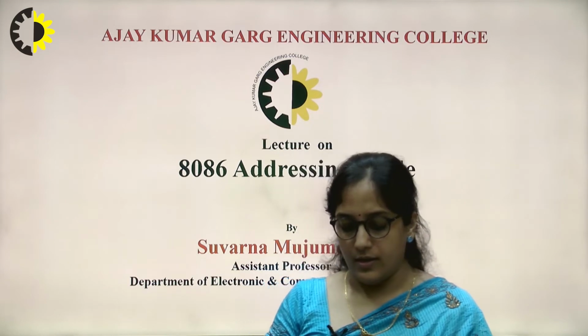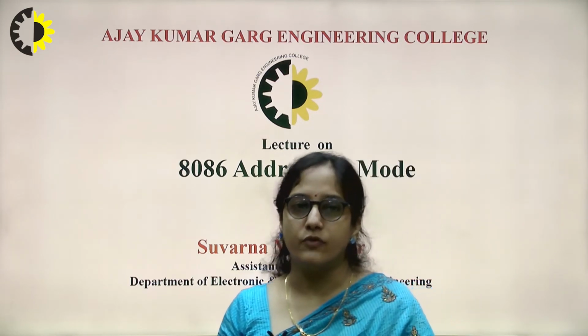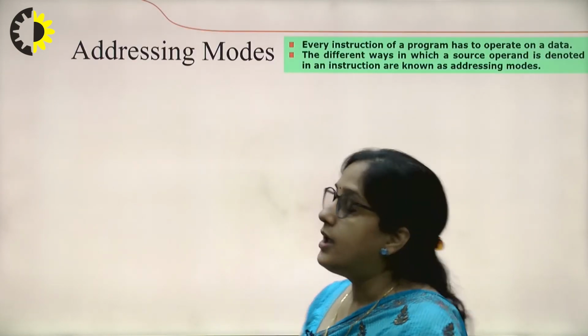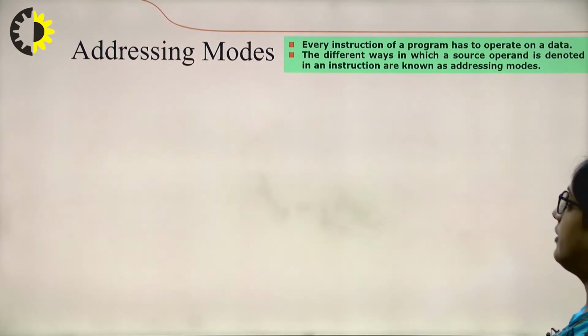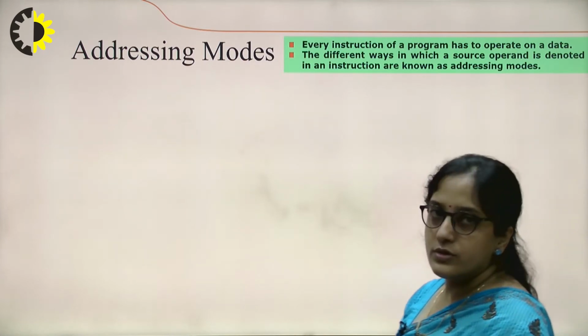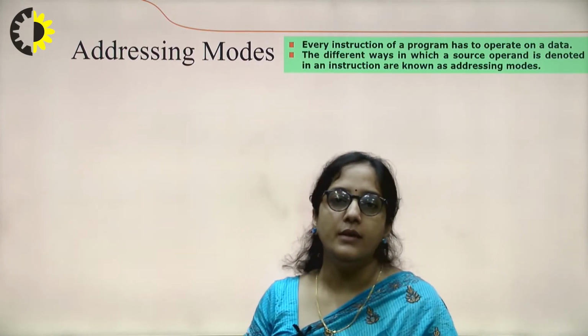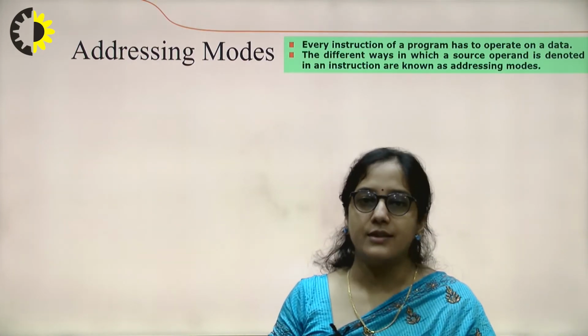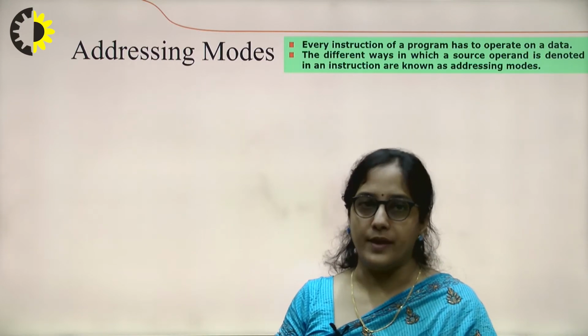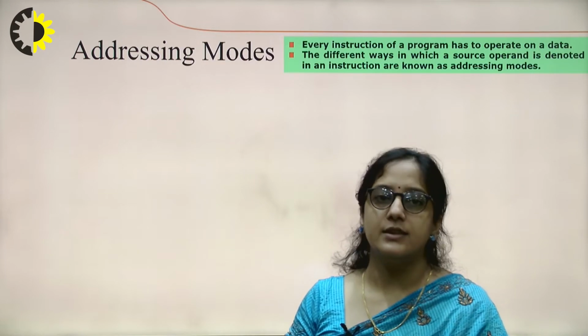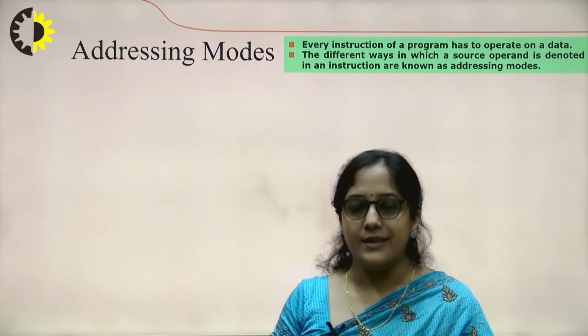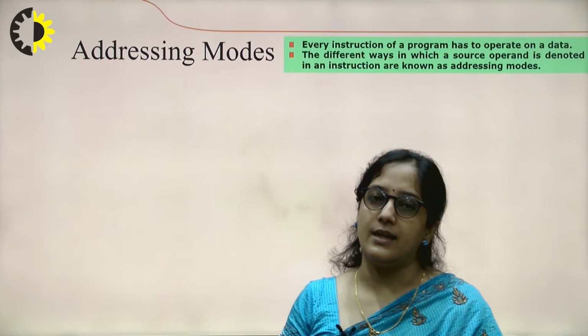So, what is an addressing mode? Every instruction of a program has to operate on data, or we can say we use instructions in a program which perform some task over the data or operand. The different ways in which this source operand is denoted in an instruction is known as an addressing mode.